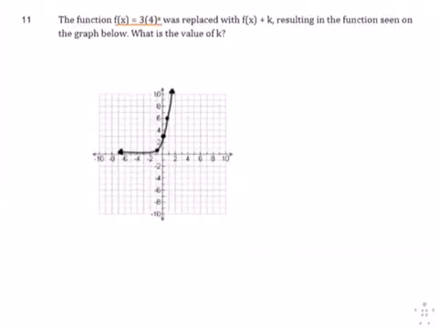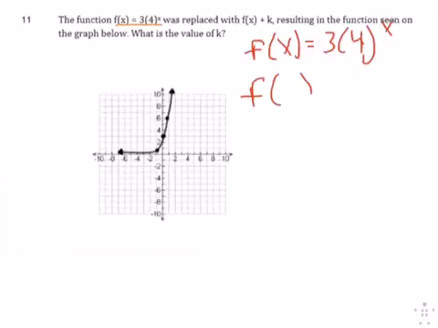So in order to plot this function, we're going to find its y-intercept. To find its y-intercept, x equals 0. So we're going to plug 0 in for x. We're going to take f of x equals 3 times 4 to the x power, and for x, we're going to plug in 0.